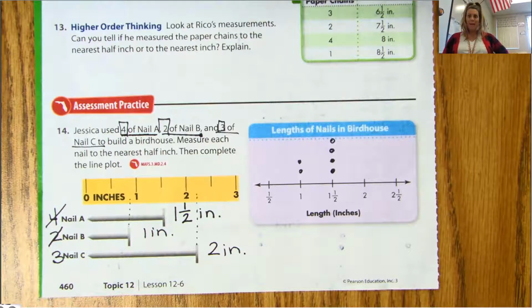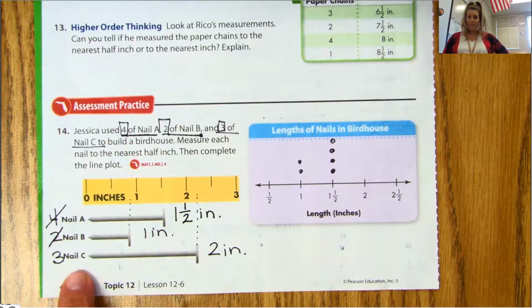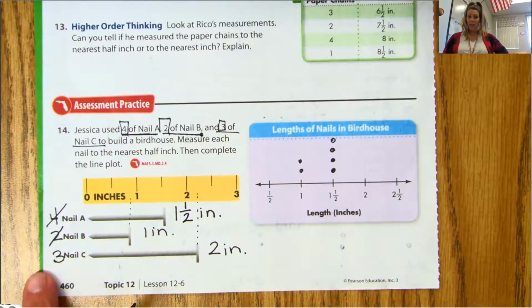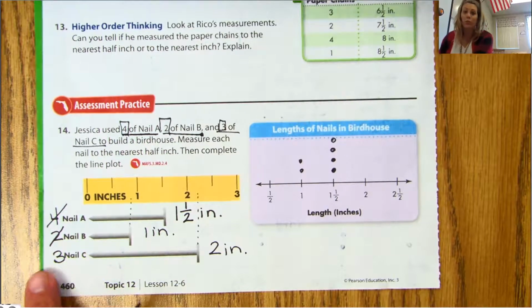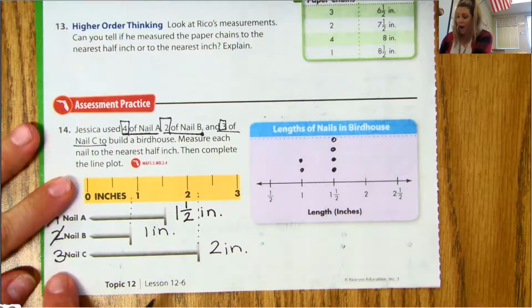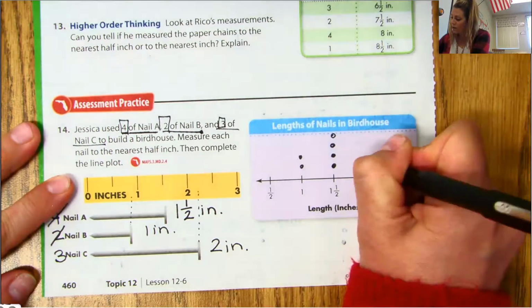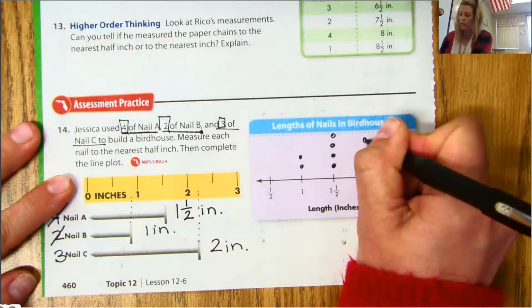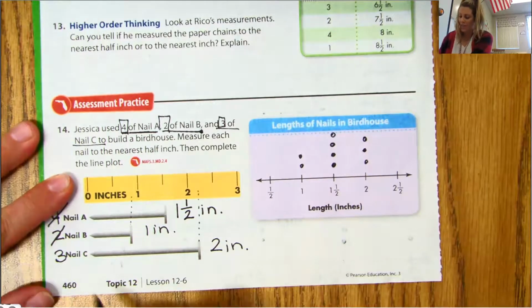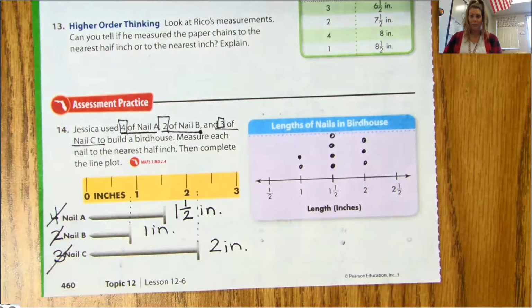How many dots are you going to use for nail C, friends? You should have done 3 on top of what? 2 inches. 1, 2, 3. Okay, and then you cross it off after you plot it.